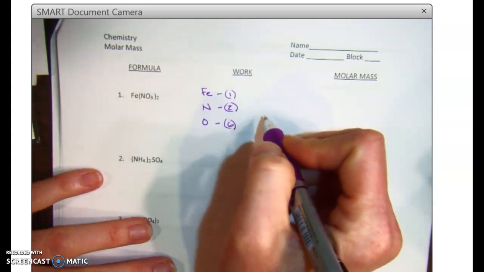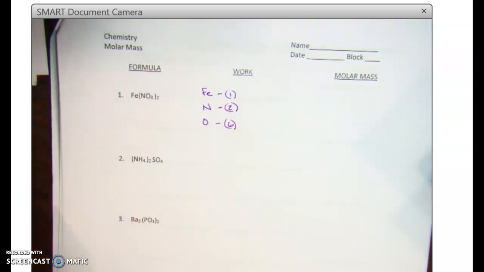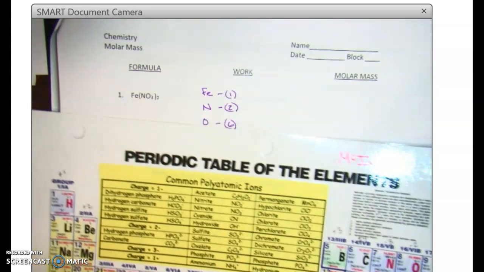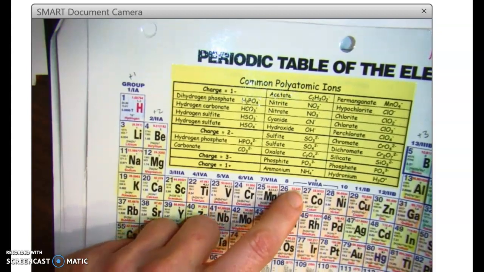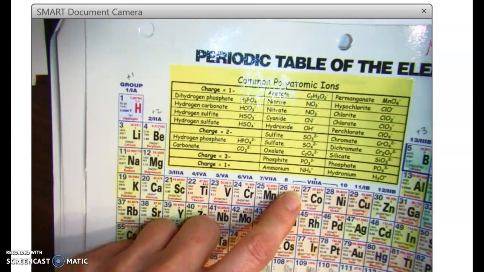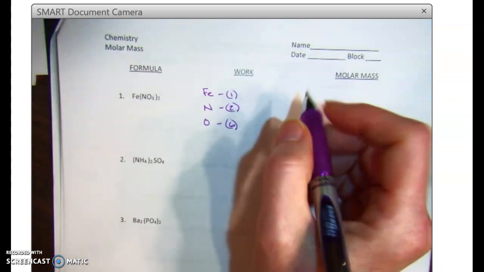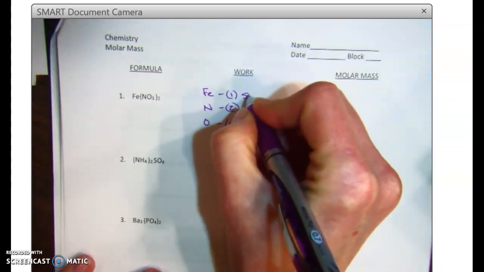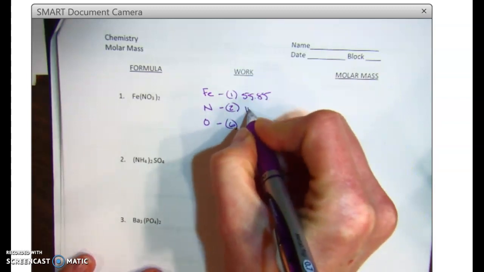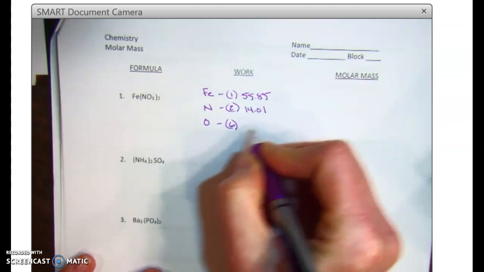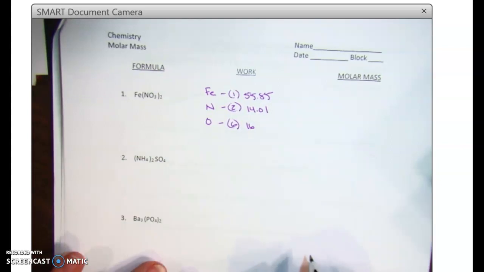Now, you're going to go to your periodic table. You're going to find the mass for iron. You go to iron, you see the average atomic mass is 55.85 is what we're going to use as a rounded number. For nitrogen, it's 14.01, and for oxygen, we're going to round it to 16.